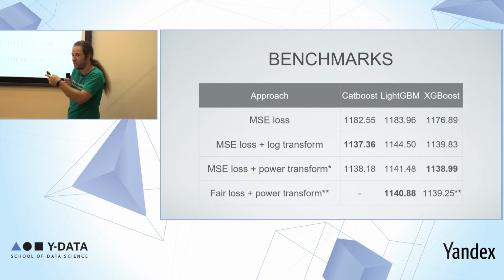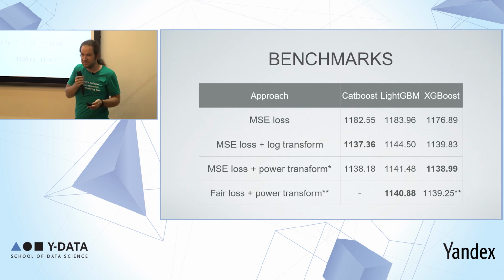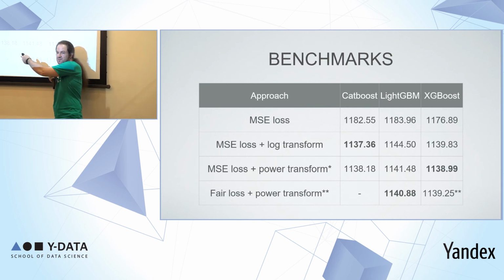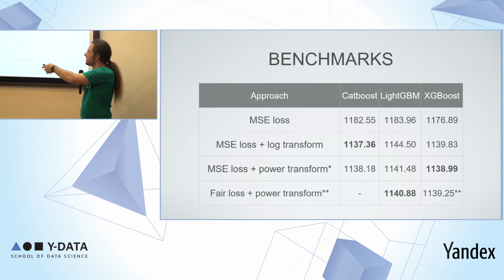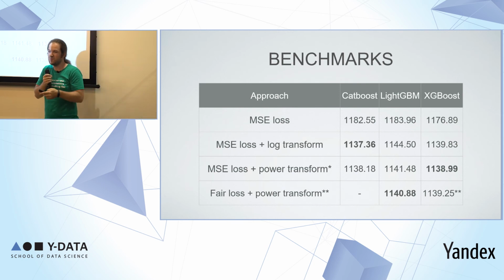And this is important because even if you don't have a tool which could use anything else but just mean squared error loss, for example just linear regression, in this case you still can use transformations. You don't need to change anything inside the model. You just change the target values, and it still could give you a better result.